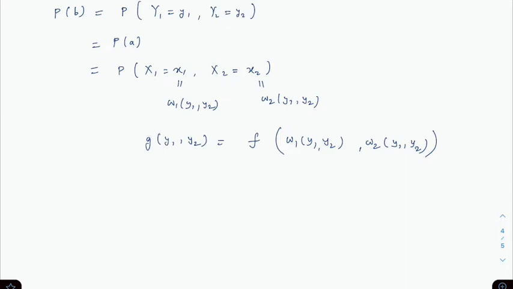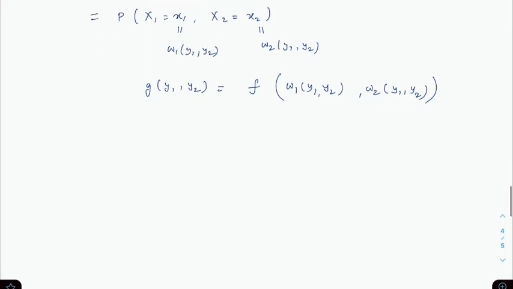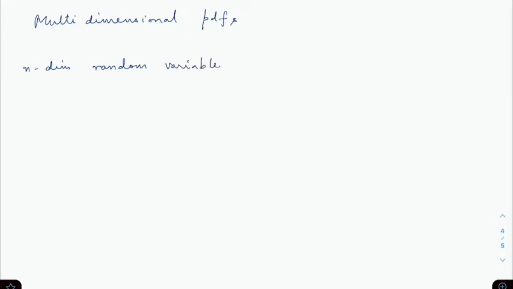Now next we will consider multidimensional probability density functions, and we will introduce the matrix notation for the same. So an n-dimensional random variable is a collection of n random variables, and it can be represented using a column vector.